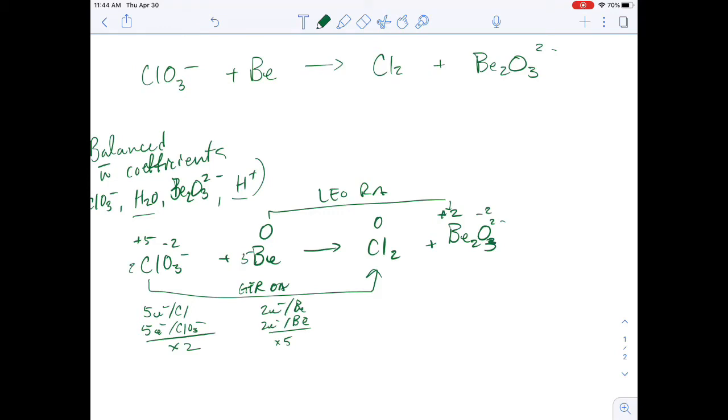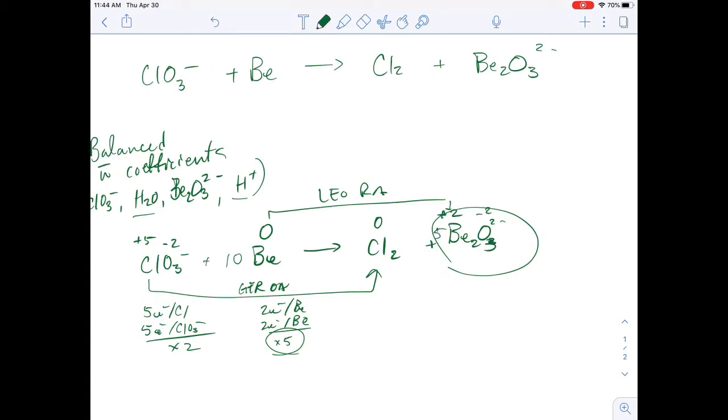But I'm going to run into a problem here. I've got 2 berylliums here, and so I'm not going to actually get that balanced. This is where I suspect some people may have run into some problems. So I'm going to instead double this. I'm going to make this 2 of the chlorates, and double this, so instead of it being 5, I'm going to have 10 of these, and I get 5 of these.